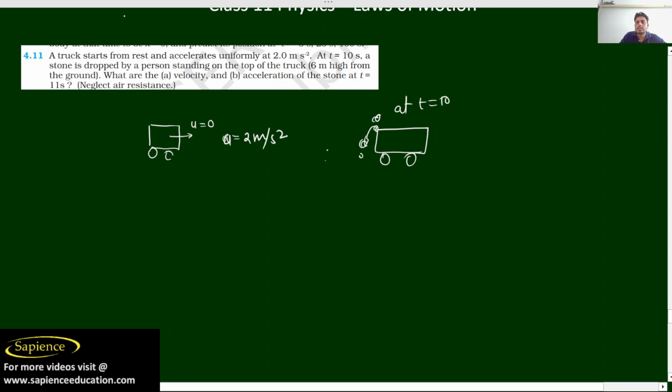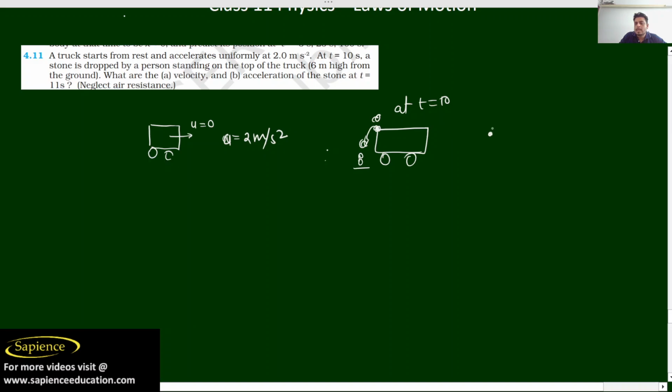Okay, a stone is dropped like this. So they are asking what is the velocity and acceleration of the stone at time t equal to 11 seconds.